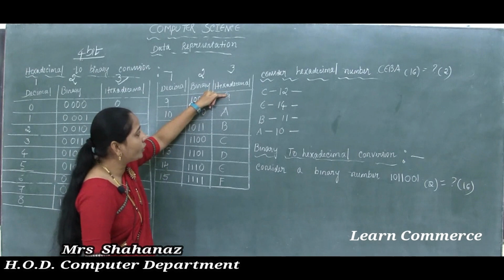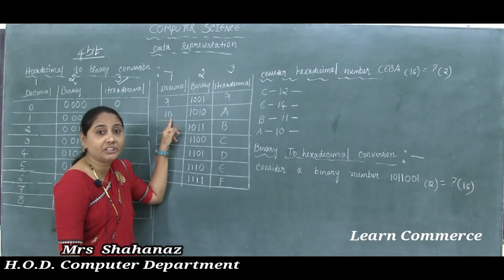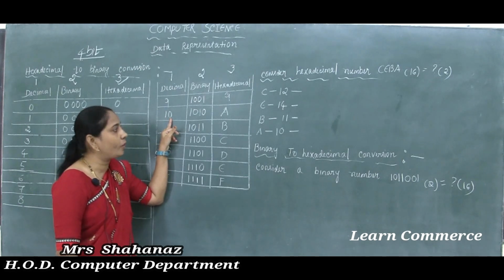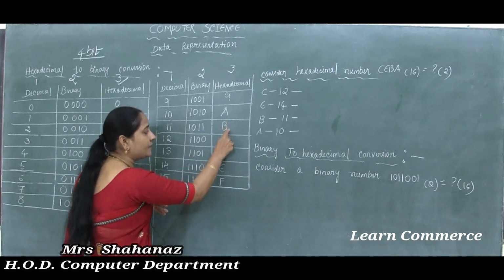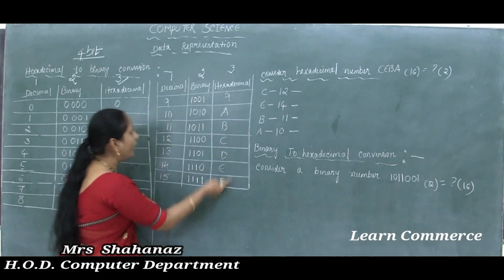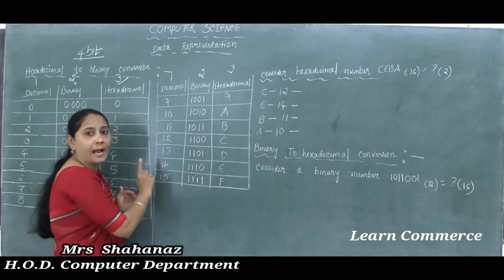So 9, okay, and later the digits 10, 11, 12, 13, 14 have decimal equivalents of A and so on. That means we can say that the digits A, B, C, D, E and F have decimal equivalents of 10, 11, 12, 13, 14 and 15.